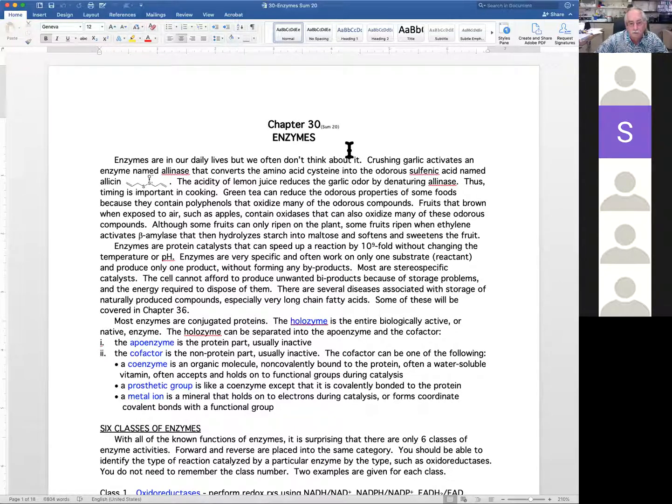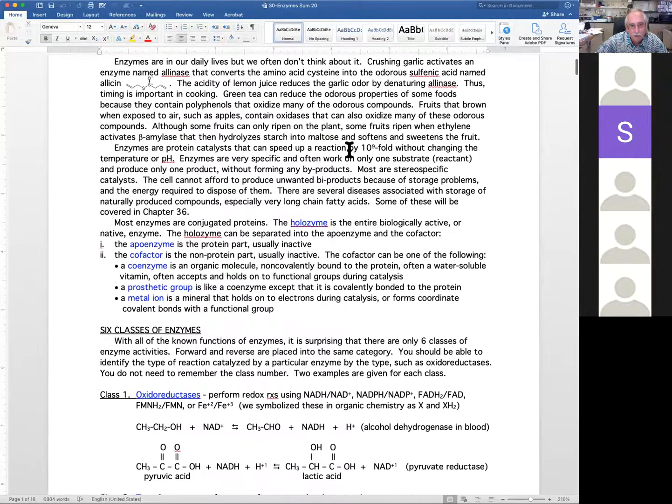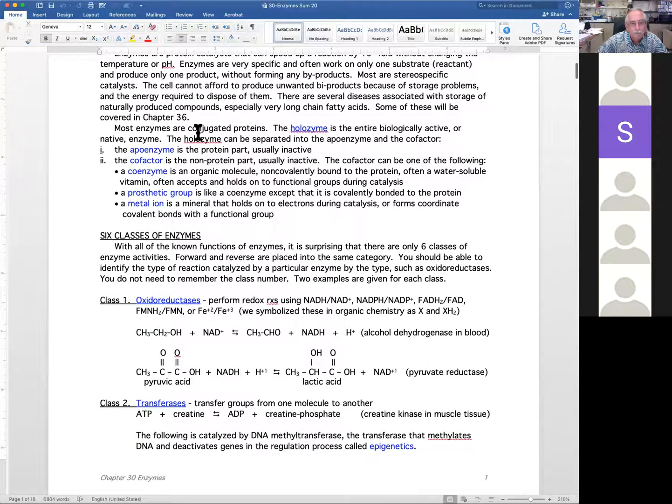So anyway, enzymes. We talk about the holoenzyme. It's the whole enzyme. You can break that down into the apoenzyme, which is simply the protein part.